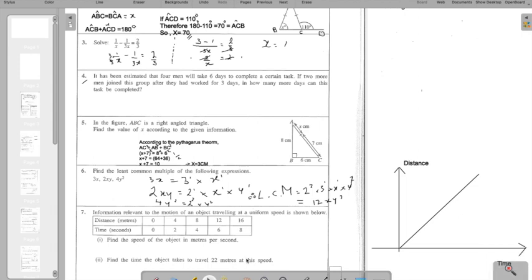Right, so now you have 0, 0, let's mark here as 0, and this will be like this. I'm drawing this to understand, right?